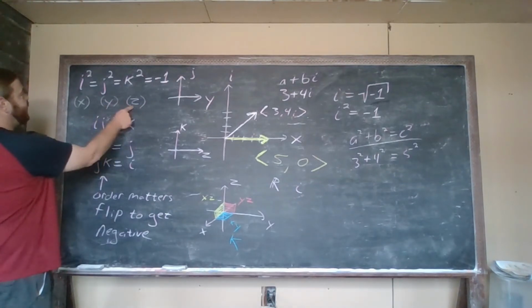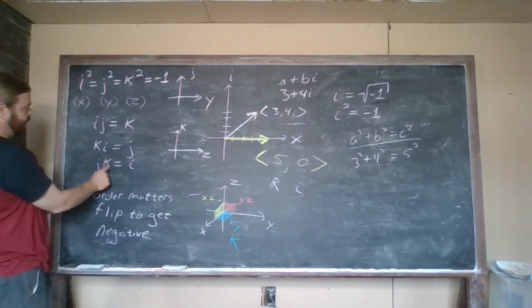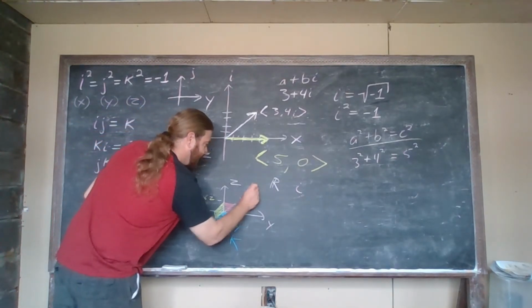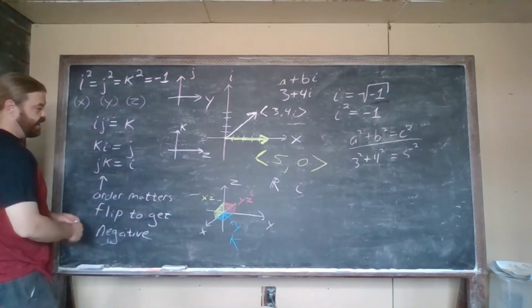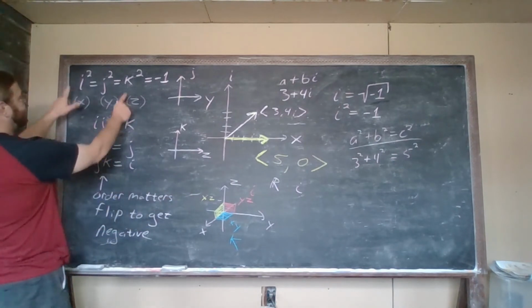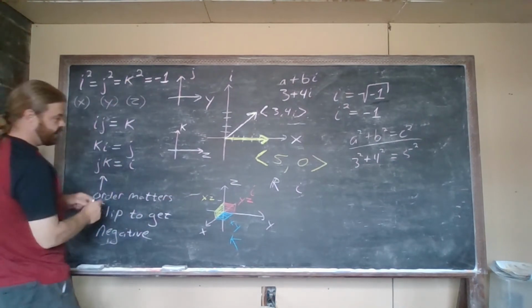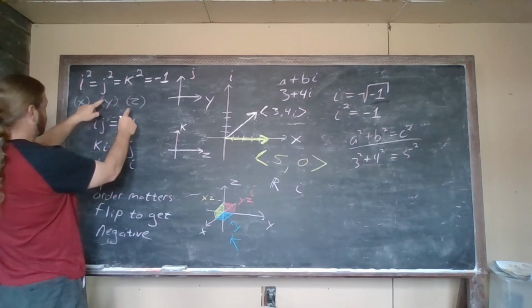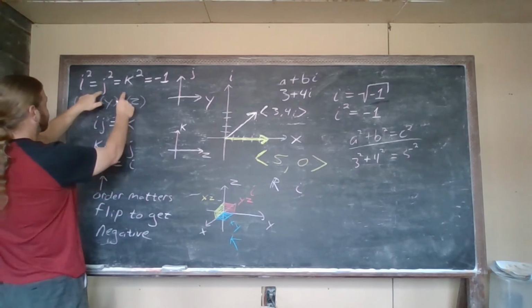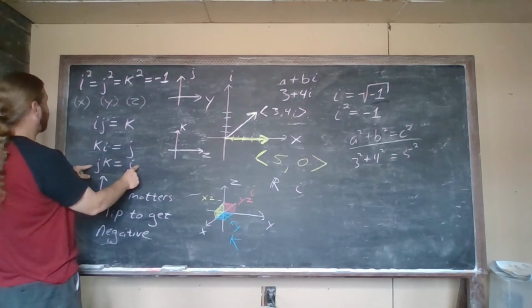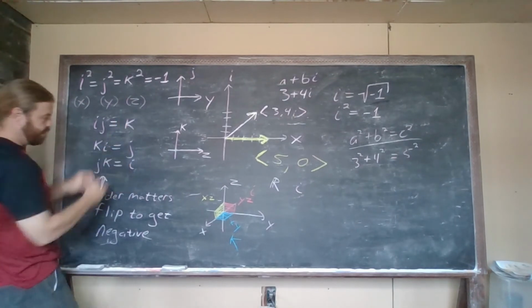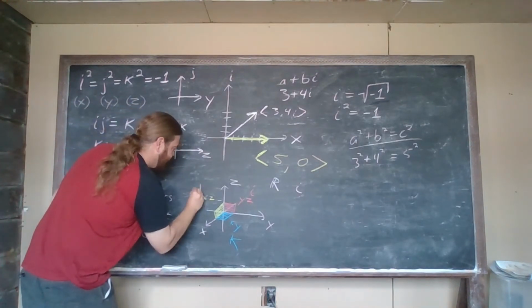Y times Z is J times K. So this red here would be the I plane. And X times Z is I times K. Whoops, did I get that off somewhere? J times K should be I. And I times K, yeah, this will give us the J plane.